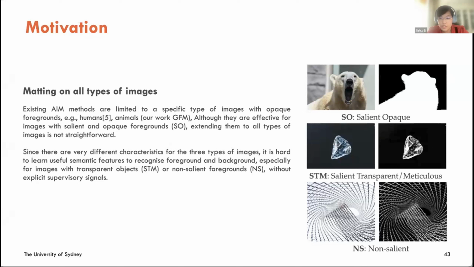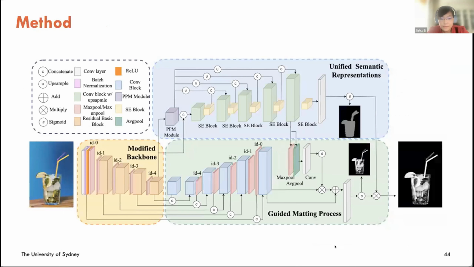One is images that contain a salient opaque foreground, like images of animals, a bear, a cat. Another contains a salient transparent or salient meticulous foreground, like glasses or some types of transparent objects. And another is non-salient. For this kind of image, you are not able to define which foreground is salient or which is not salient. So it is super difficult for image mapping methods.